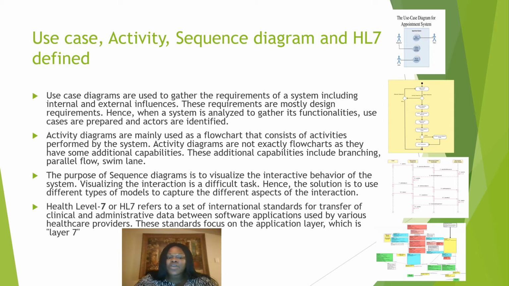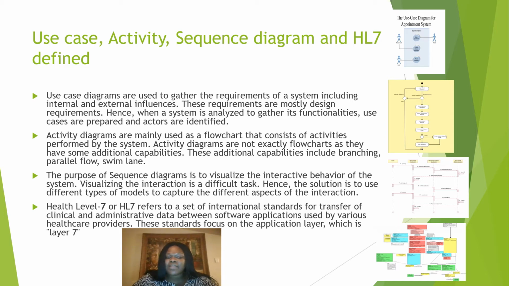Use case diagrams are used to gather the requirements of a system, including internal and external influences. These requirements are mostly design requirements. When a system is analyzed to gather its functionalities, use cases are prepared and actors are identified.